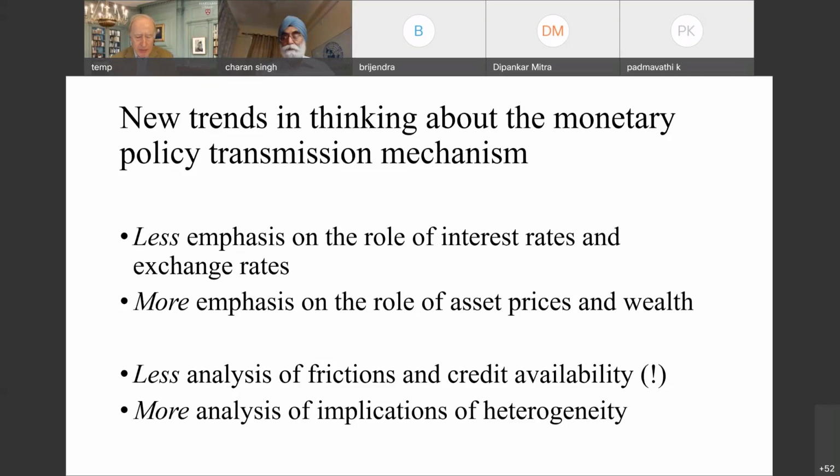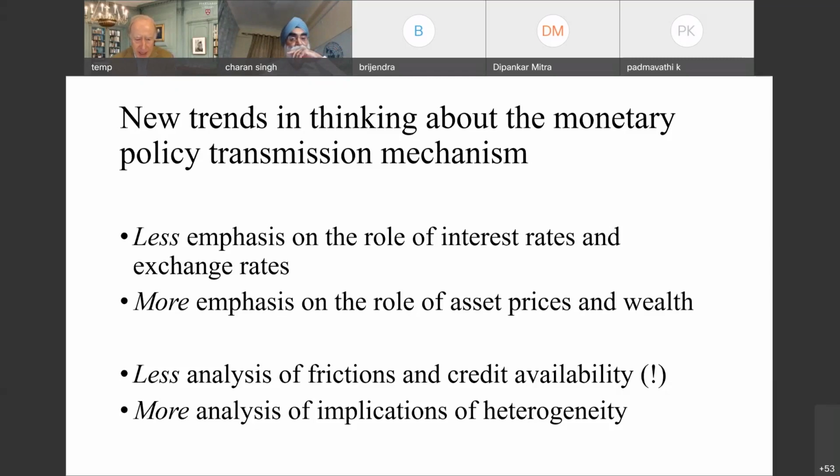First, at the empirical level, what I find interesting is that not necessarily as a matter of research strategy, but more as a matter of findings, I think there is today less emphasis on the role of the traditional driver variables that we think of when we ask how central bank actions are transmitted to effects on real economic activity, namely interest rates and exchange rates, and correspondingly more emphasis on the role of asset prices and wealth.